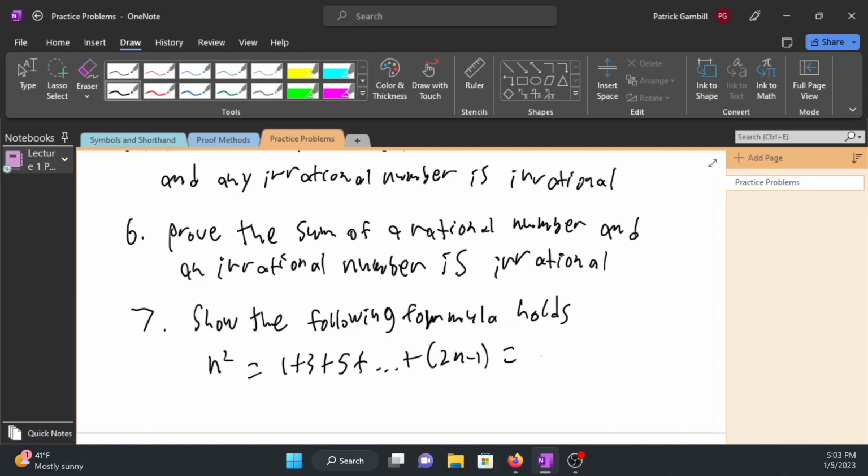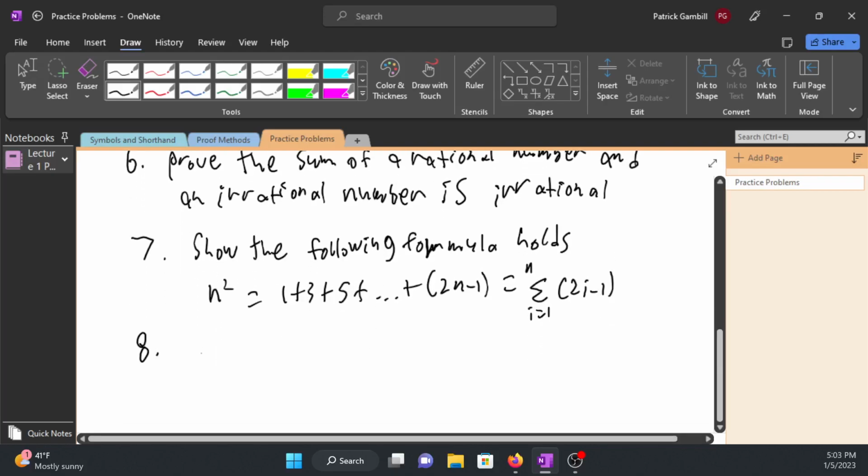Or if you prefer summation notation, you could say the sum from i equals 1 up until n. Well, let me think about this for a second, sorry. Yeah, I'll say n, because then you would just say it's the sum of 2i minus 1, you plug in 1, it works out to give you 1.